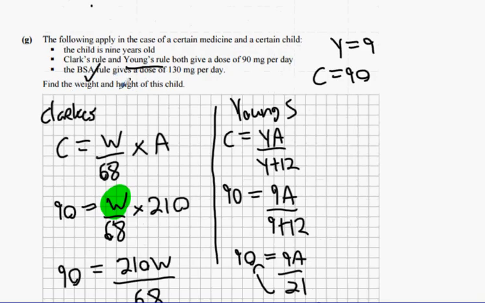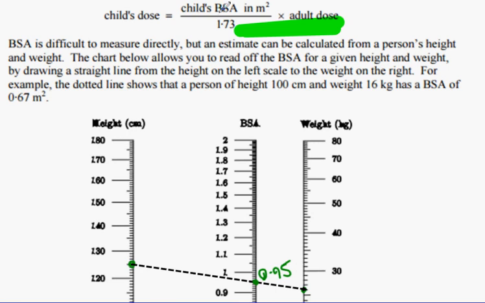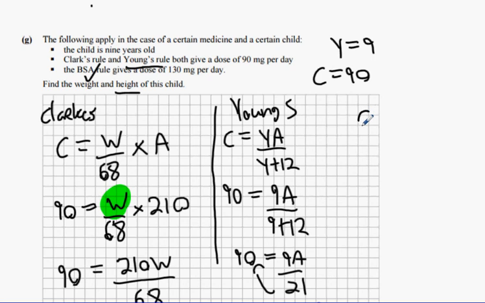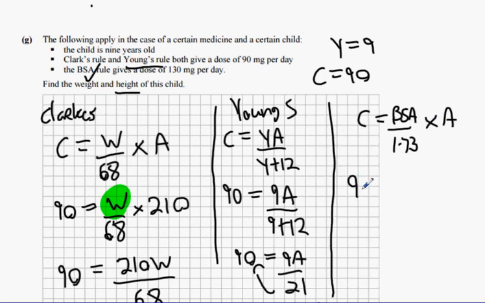Now finally, I now know the weight and I also know the adult dosage. The whole point of the question is find the weight, but I also have to find the height, don't I? So, finally, what I finally do is the BSA rule. C equals BSA over 1.73 multiplied by the adult dosage.